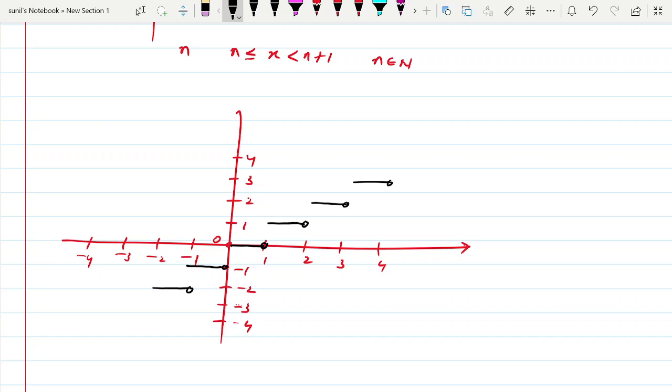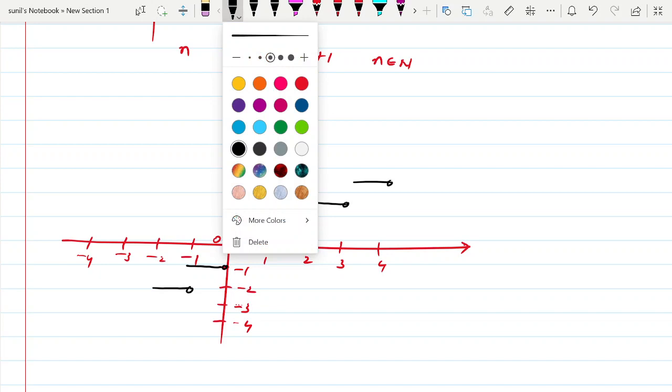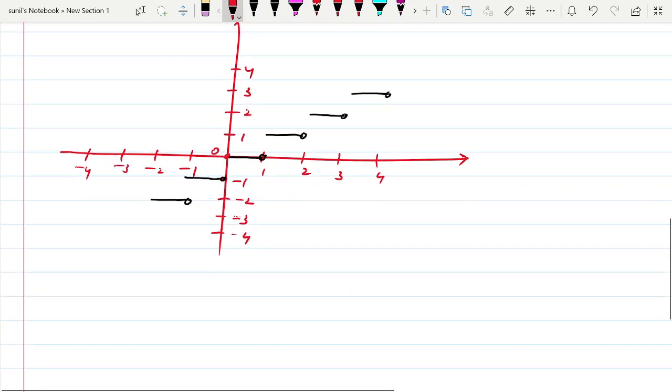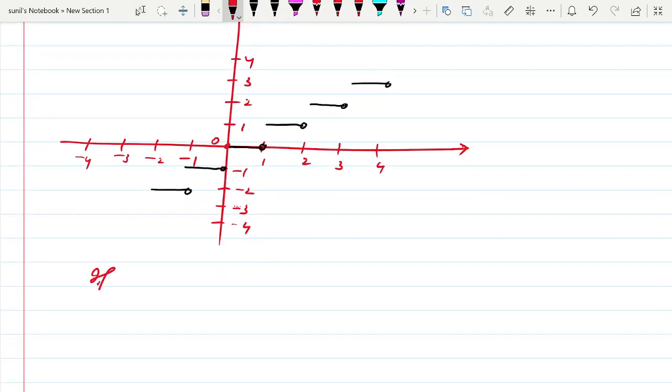Okay. Now see guys, suppose my greatest integer of x is 2, so what can you say about x? Then certainly x will be greater than or equal to 2 and less than 3.